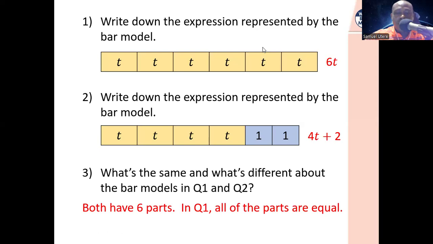Okay, here for question 1, you were asked to write down the expression represented by the bar model. Remember, for the bar model, we always add the bars. So if we're adding 6 bars, of which each of the bars is t, then we actually have 6 lots of t.